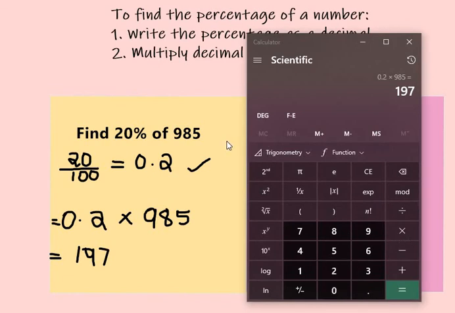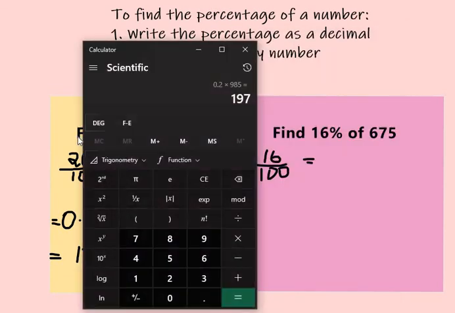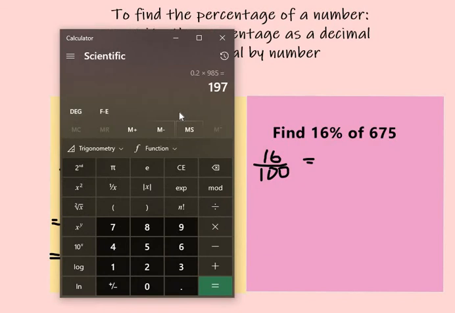Here we go. So 16 divided by 100 equals 0.16. I told you.